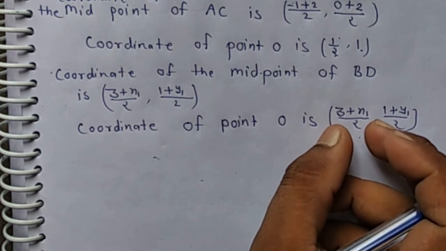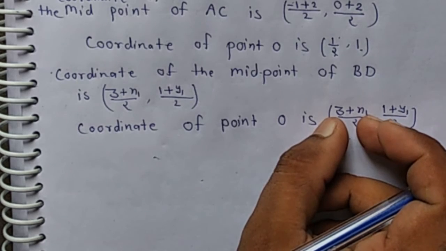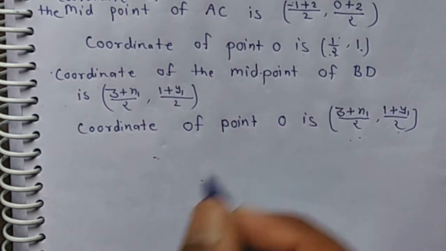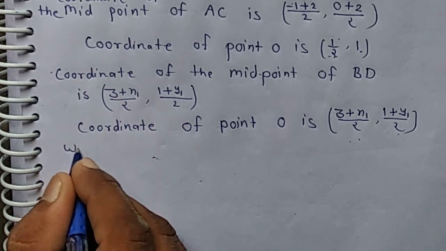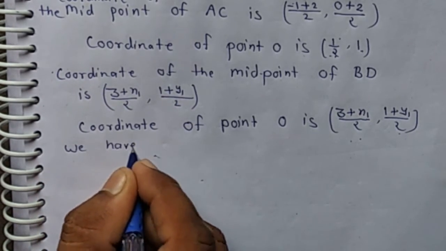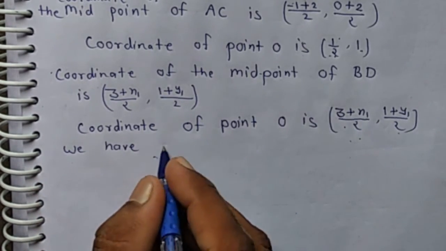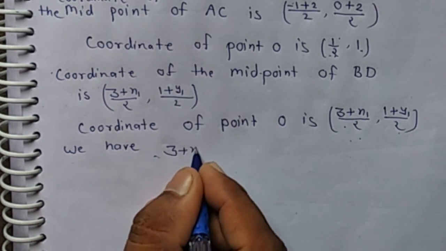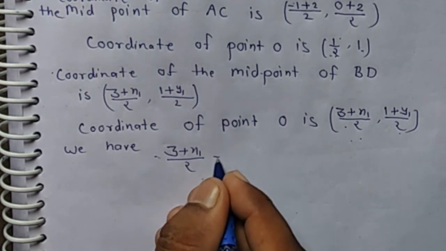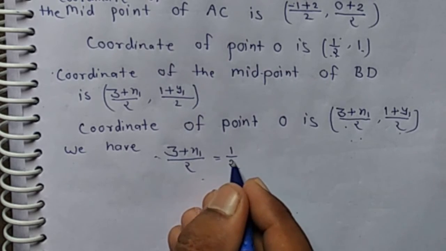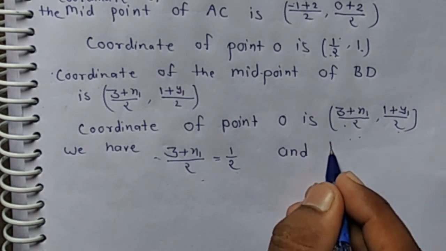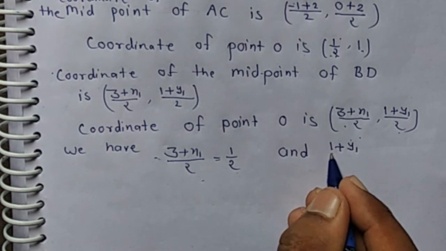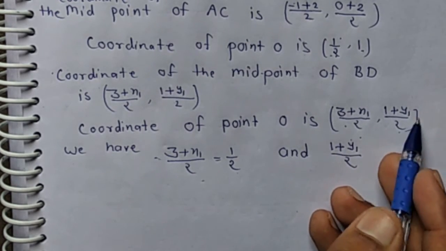Then 3 plus x1 by 2 is equal to 1 by 2. From these two terms we have 3 plus x1 by 2 equal 1 by 2, and 1 plus y1 by 2.